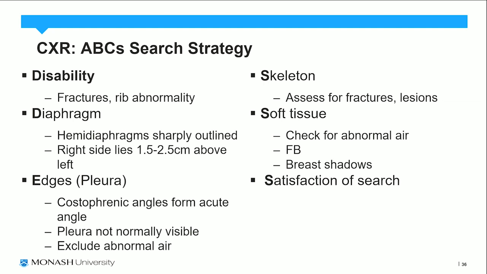And then for soft tissue, check for abnormal air. So you want to check within the neck space, look for foreign bodies in the soft tissue, and then also look at the breast shadows if you have a female patient, to ensure that both breasts are visible. If not, then you know that the patient must have had a mastectomy, and therefore look for signs of metastases.